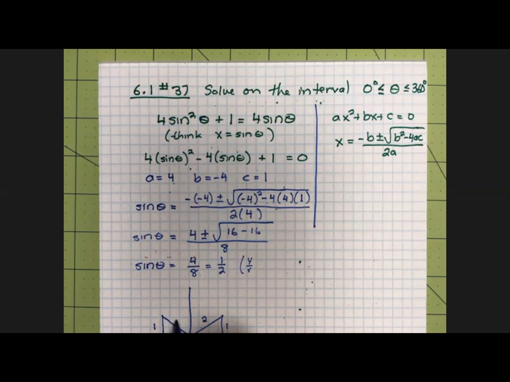Names of these points I can name by the third side, 30, 60, 90 triangle, minus root 3 on the left, plus root 3 on the right.